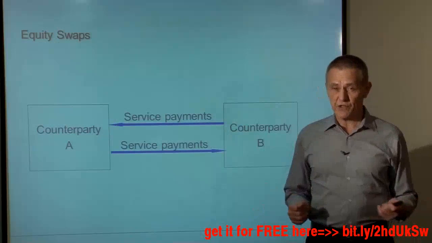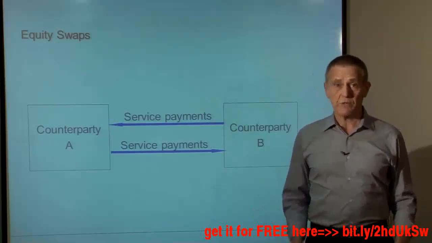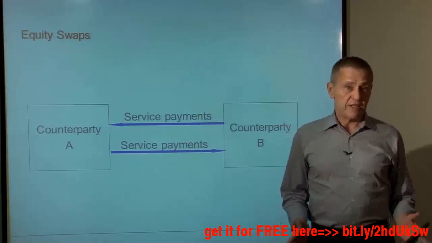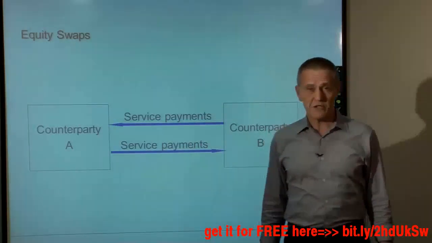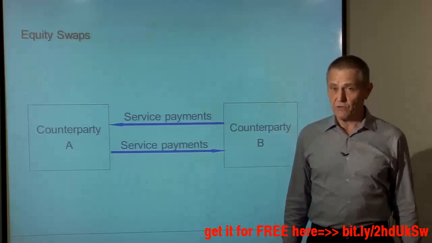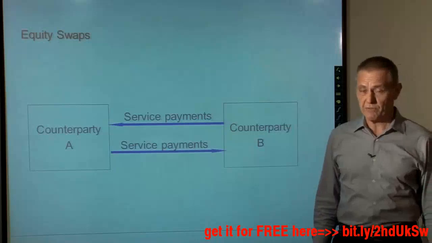But we'll, for the most part, focus on swaps where at least one of the counterparties is a user of that swap, a client, in other words, someone using the swap for either risk management or speculative purposes. Oftentimes they find it more efficient to enact their market strategies through use of a swap rather than trading the related equity securities themselves.